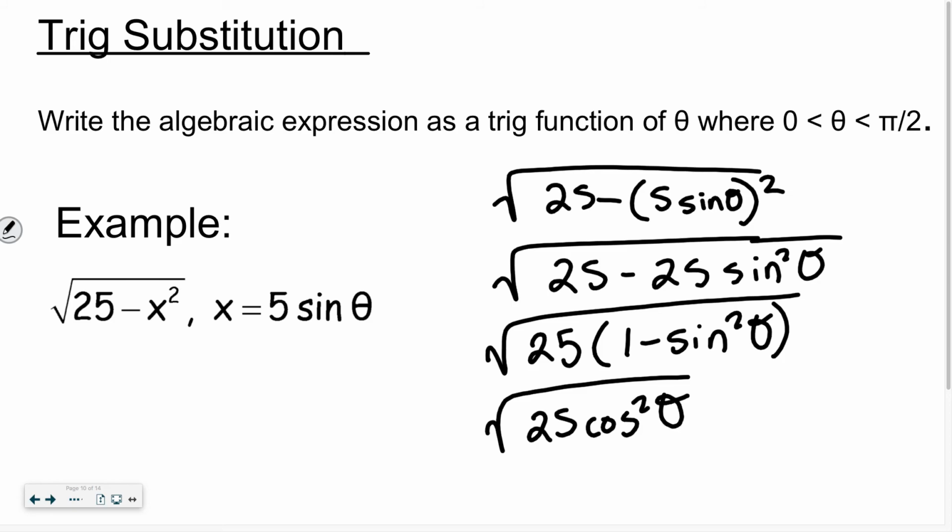And now that it's just being multiplied, I can square root. So it's 5 cosine. The most common wrong answer is going to be 5 minus 5 sine theta. Please don't write that down. You cannot square root right here because of addition and subtraction. Okay, it has to be multiplication.